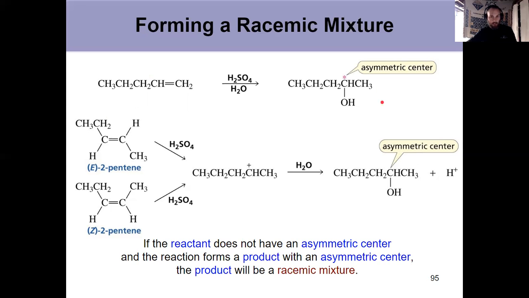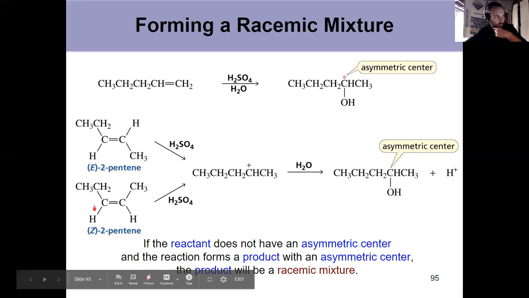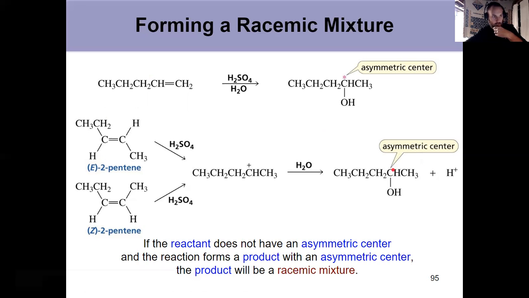And again, I end up with a racemic mixture. Don't let that E or Z throw you off. 0 asymmetric centers, 1 asymmetric center right here with 4 different groups. You're going to get a racemic mixture. So that's easy. 0 to 1, always a racemic mixture. No exceptions to worry about.